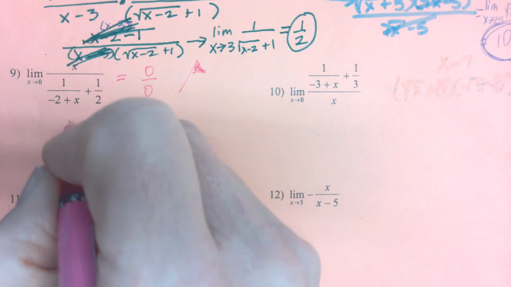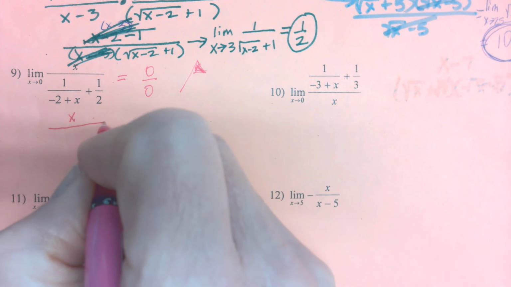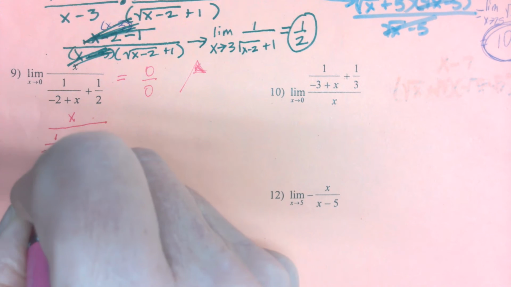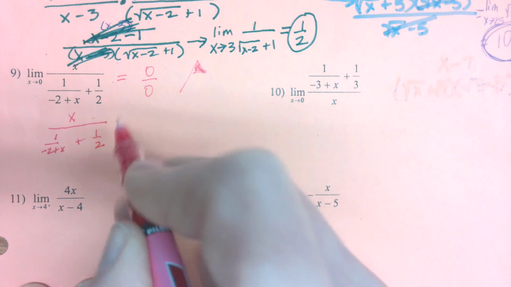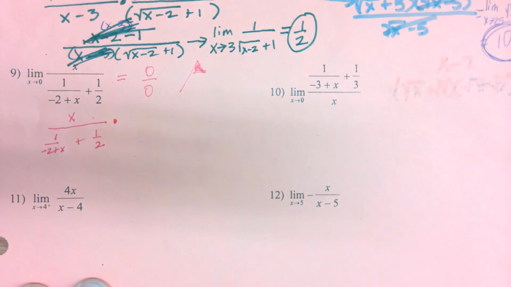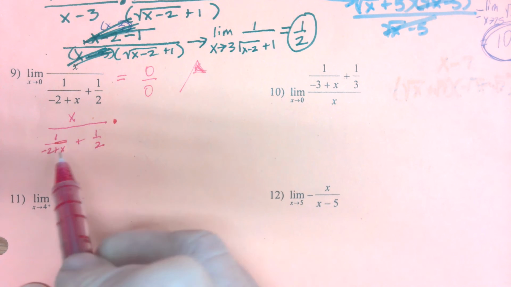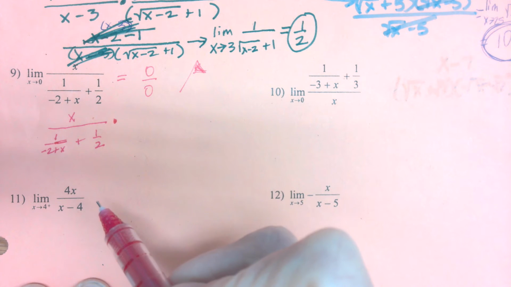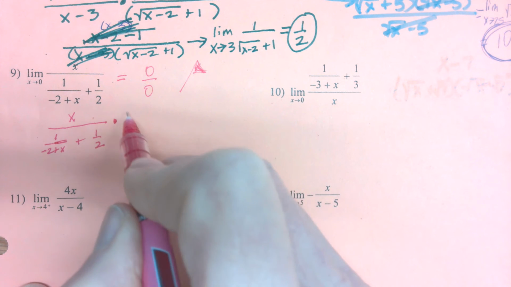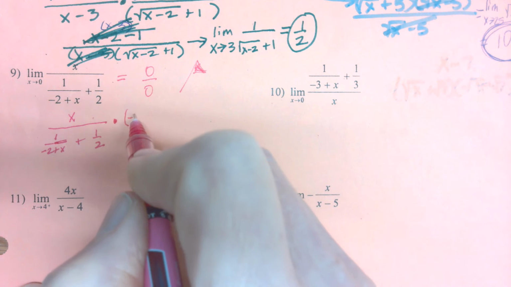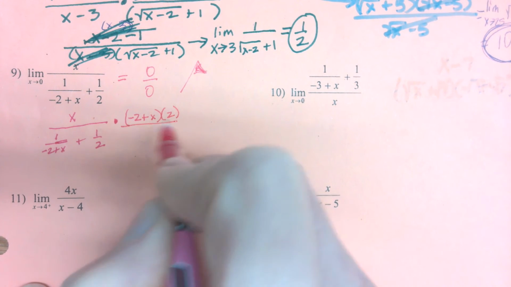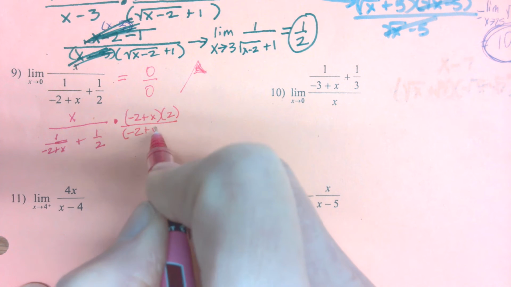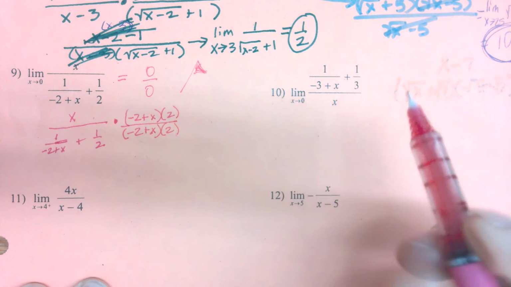So I'm going to take the x over 1 over negative 2 plus x plus 1 over 2. And I'm going to multiply it by the common denominator in the denominator. So I'm going to multiply it by negative 2 plus x times 2 over negative 2 plus x times 2.